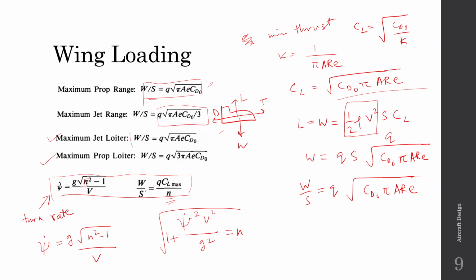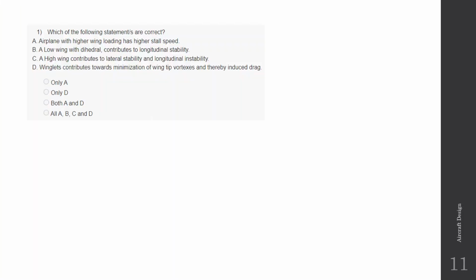So once you know n, you put it into this equation to get the wing loading. Okay, now I am going to discuss a few exercises. So this is the first exercise.